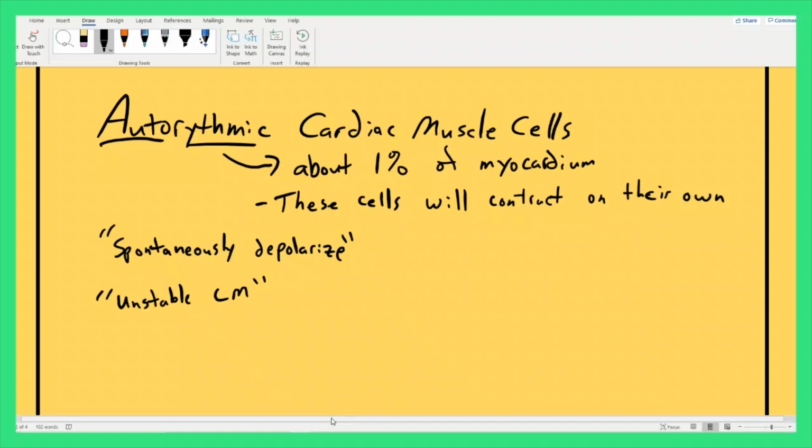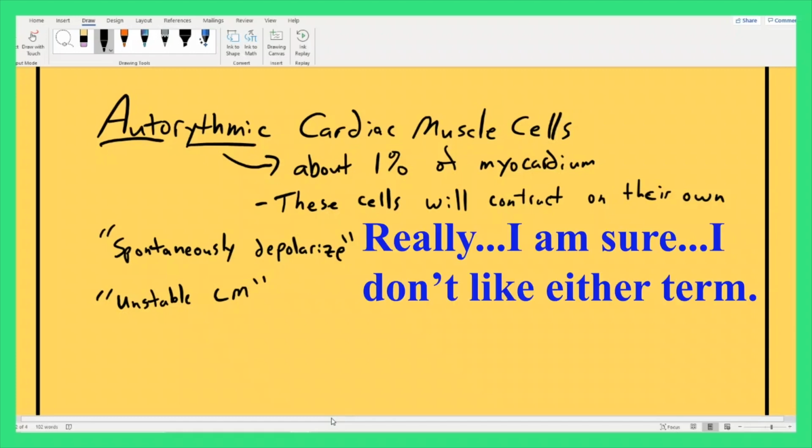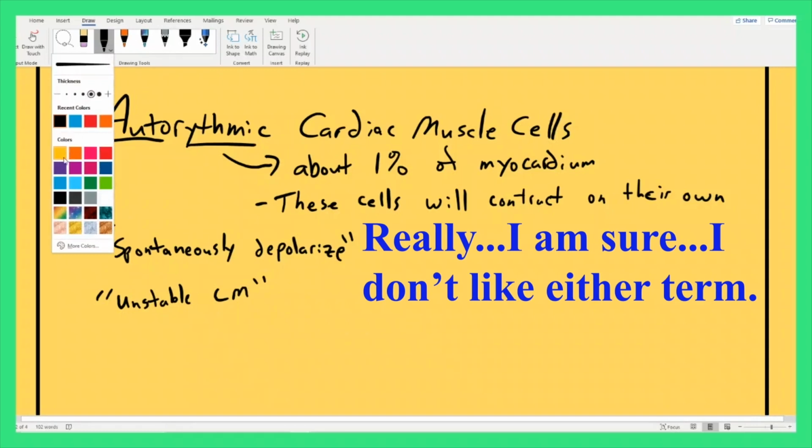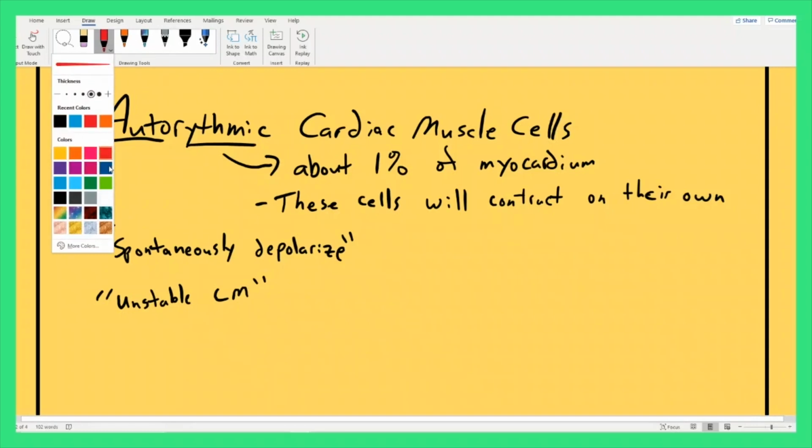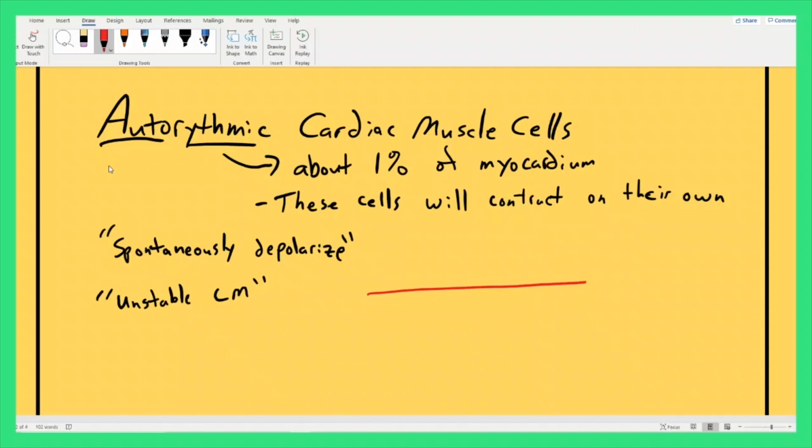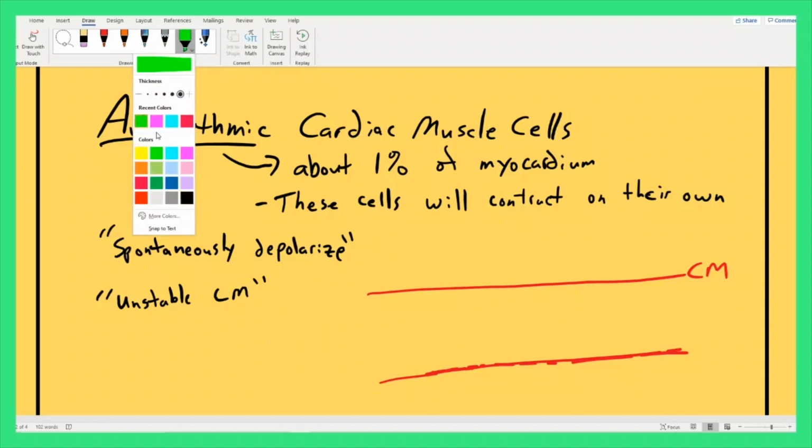I'm not sure I like either one of these terms. Let me tell you why. Let's say we have this cardiac muscle cell right here. We have to think about the cell membrane of this cell. Cell membranes aren't just straight lines like that. We know better. The cell membrane has proteins embedded in it every so often, functional proteins, right?